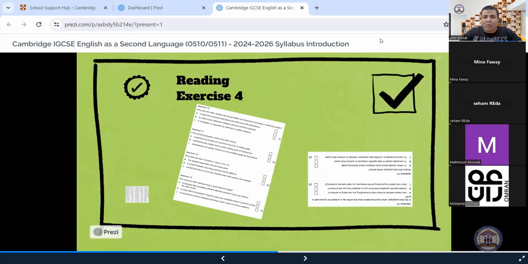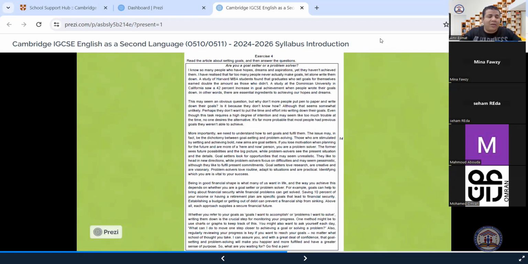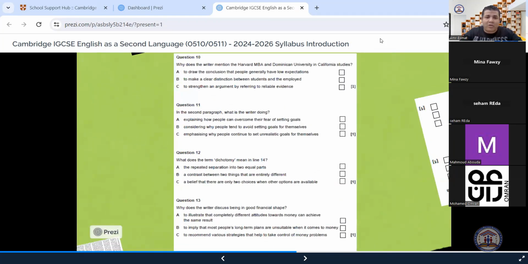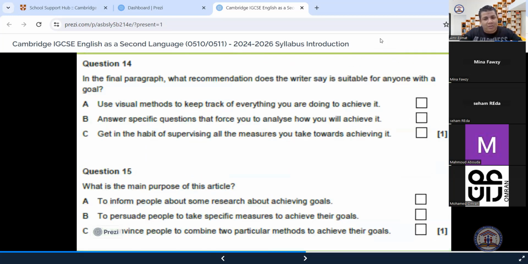What about exercise 4? Exercise 4 is a multiple choice question, and it has like 6 questions. Also, they read the passage, and then they answer questions from 10 to 15, which are the questions left in the reading part.